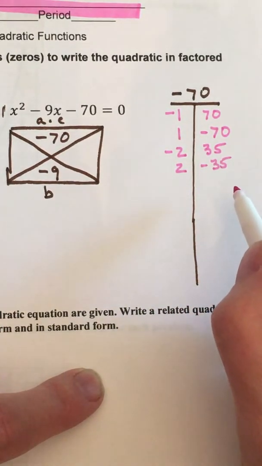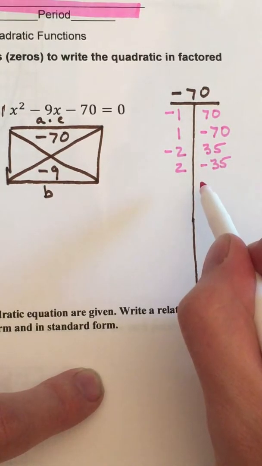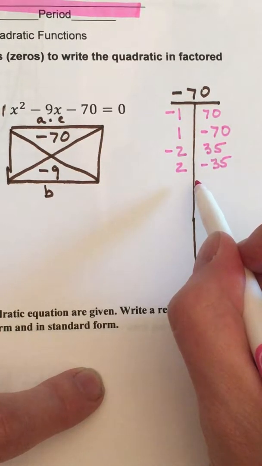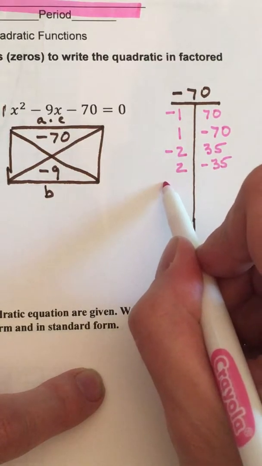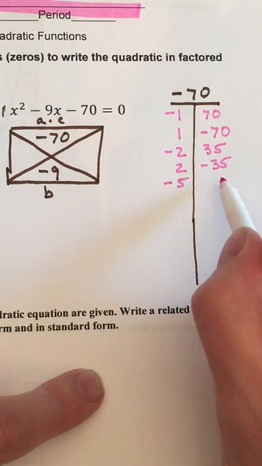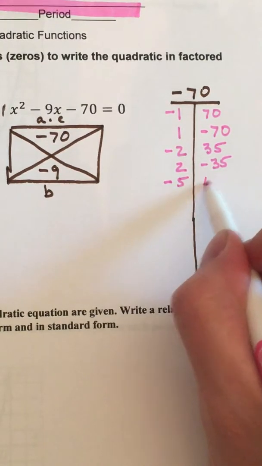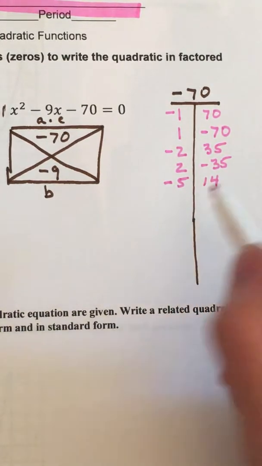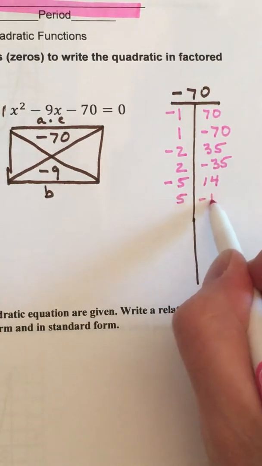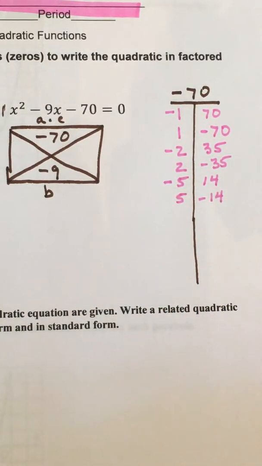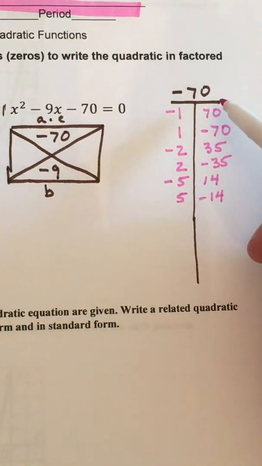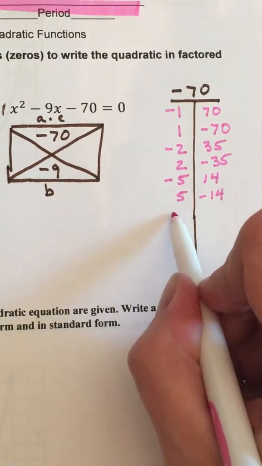What's another pair? 3 doesn't work. 4 doesn't work. But 5 works: -70 divided by -5 is 14, and I can switch them. Remember, I'm just finding all of the pairs of numbers that could multiply to make -70.